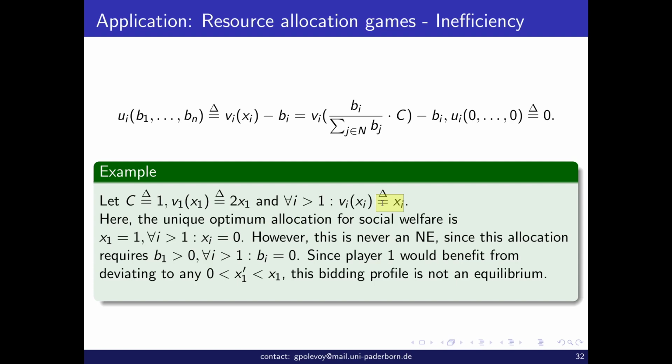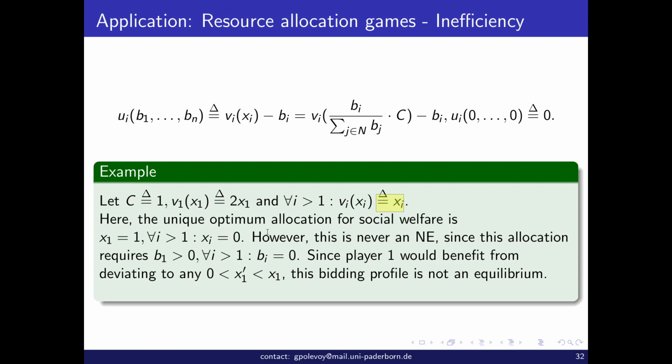Now, since the first player has the largest value, the unique optimum allocation, in the sense of the optimum allocation which maximizes the social welfare, will be to allocate everything to the first player, because then that will be multiplied by 2 and not by 1.